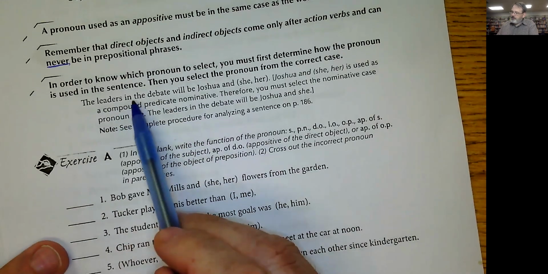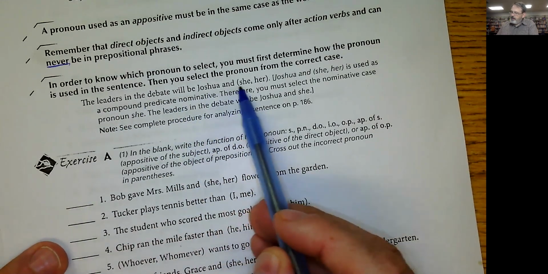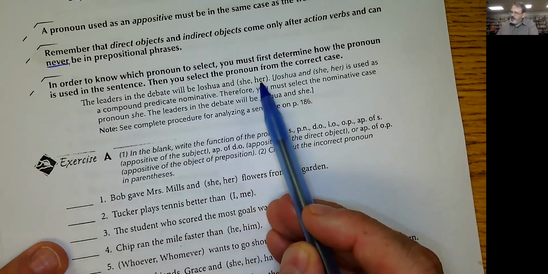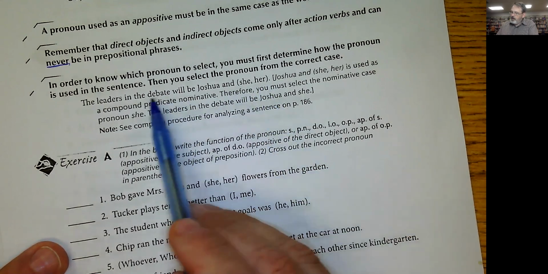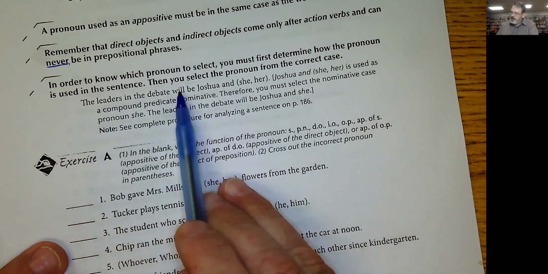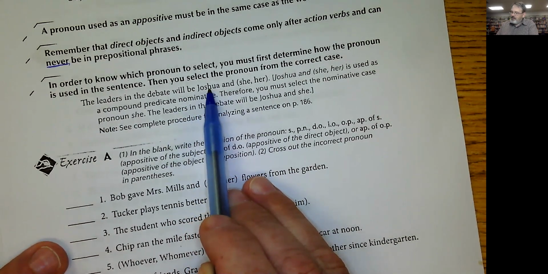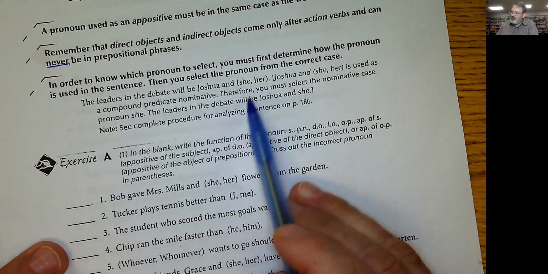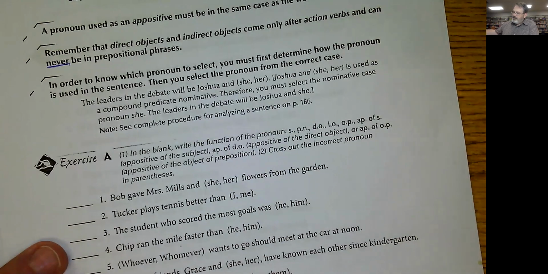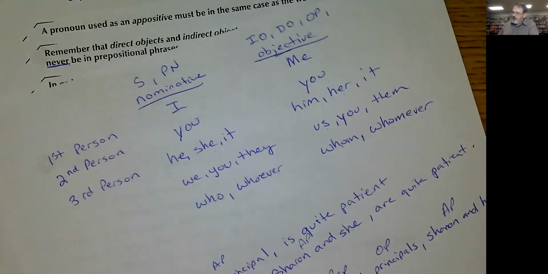So the leaders in the debate will be Joshua and, is it her or she? Well, leaders is the subject, will be is the linking verb, and that means that Joshua and she is a predicate nominative. So we have to choose a nominative case pronoun, she or her.